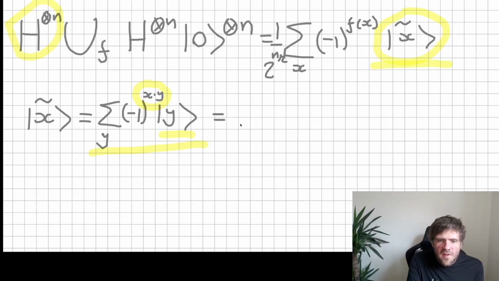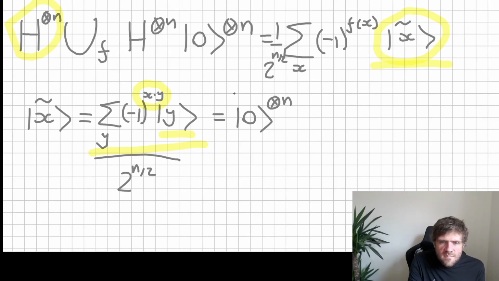But the only thing we need to really note here is that there is a term for every bit string. Oh, and of course I missed out the normalization condition. There is a term for every bit string, and those bit strings have phases which depend on what their own particular bit string is, and also what x they are representing.